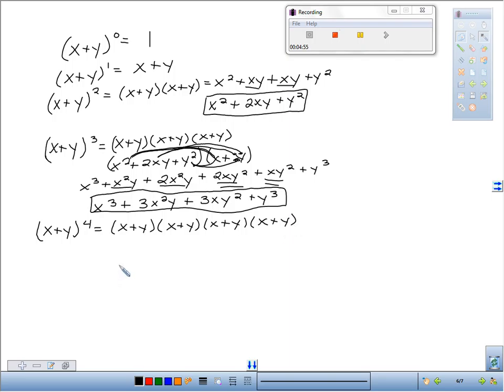And let's multiply this all out, right? So we can multiply this again. I would just take this polynomial now and multiply it by another x plus y, which is super duper fun. And I've demonstrated how fun it is by your wonderful whining as a result of me writing this out.